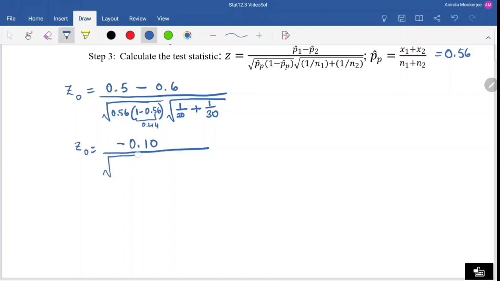So we have in the denominator square root over 0.56 times 0.44. And then under the other square root, we have 1 divided by 20 plus 1 divided by 30 should give us 0.083 for a z sub 0 value of negative 0.709. All right.